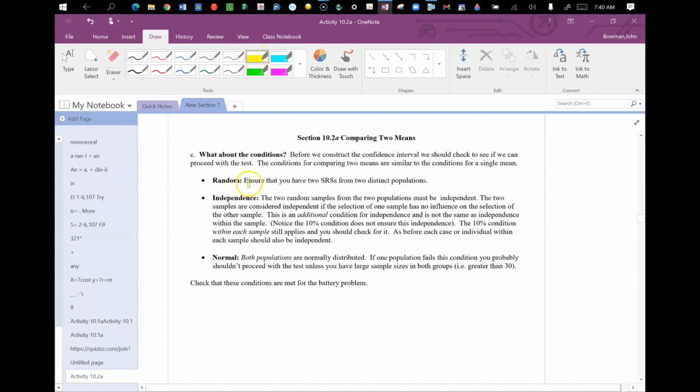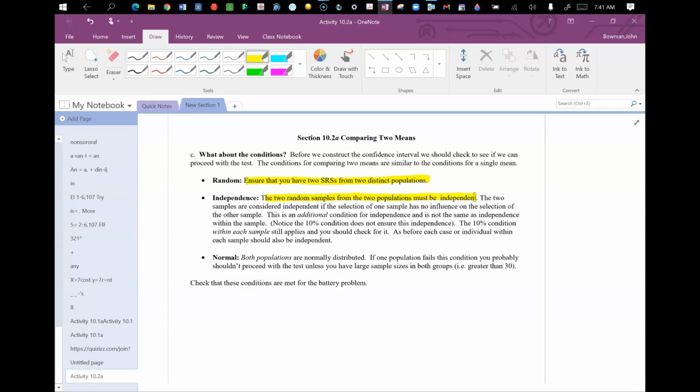First of all, we need to have two simple random samples from two distinct populations. Independence: the two random samples from the two populations must be independent of each other. Otherwise, we cannot apply the formula for combining the two variances to find the standard deviation.